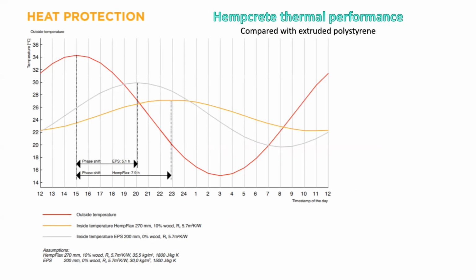Again, from, I believe, that same study, demonstrating the thermal performance of hempcrete compared with extruded polystyrene. So you see the moderated temperature represented by the yellow line.